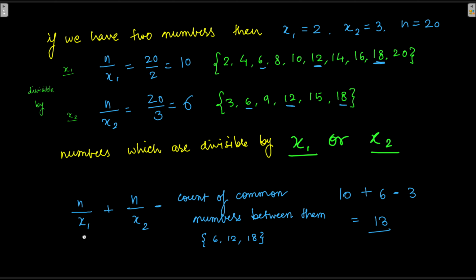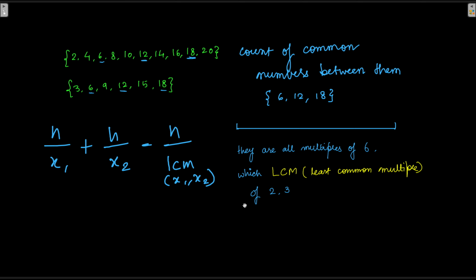So n divided by x1 plus n divided by x2, and from it we'll also need to subtract the numbers which are common between the two lists. And what are those numbers? They are 6, 12 and 18. And if you notice them well, they are some special numbers and we can recognize them. How? Let us see.